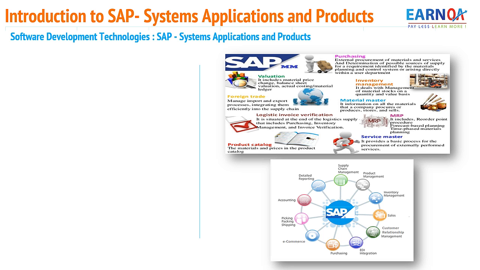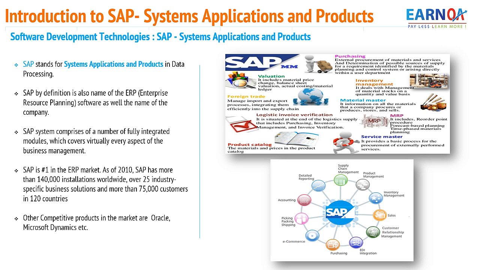So it is one and all, the complete interaction and complete maintenance of the organization. It is one of the ERPs, and it is so famous, and it is completely driven out of the organization. It is one of the top technologies running in the current market.